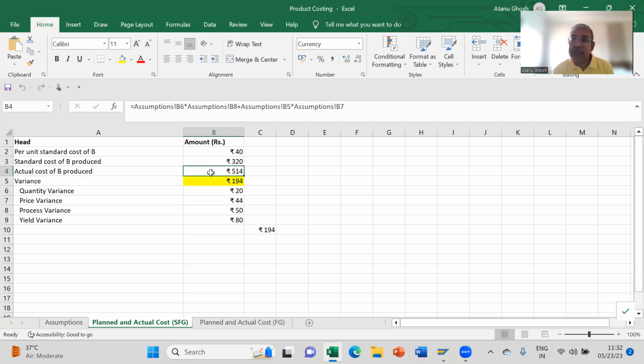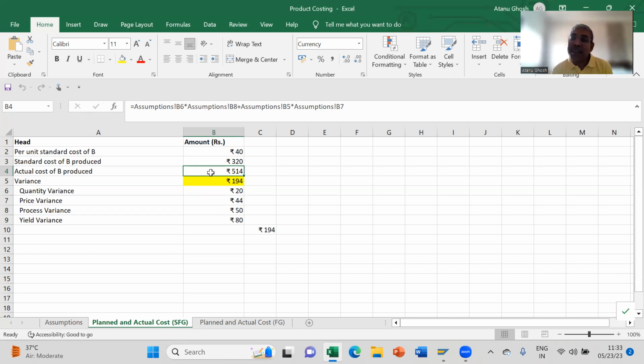Now, obviously, if one side goes up in accounting, something else has to come down. What is that? This difference between 514 and 320, that is what? That is my inefficiency. If I'm inefficient, what should get affected? My profit should get affected.